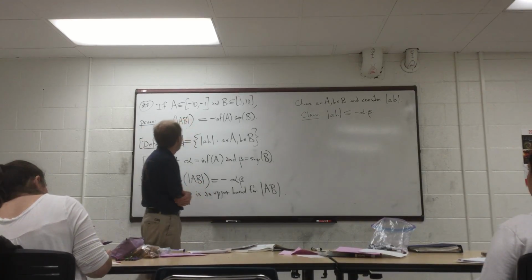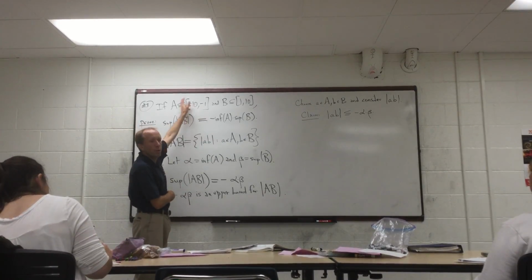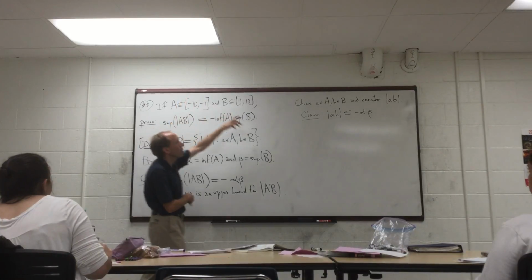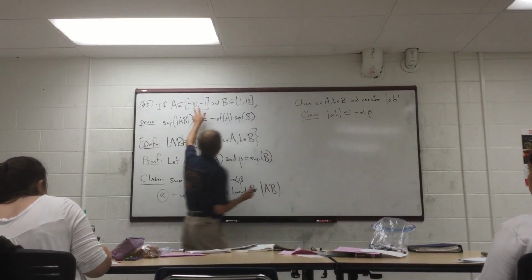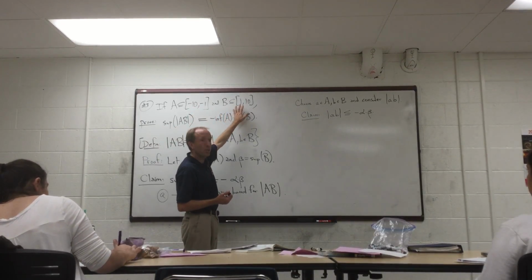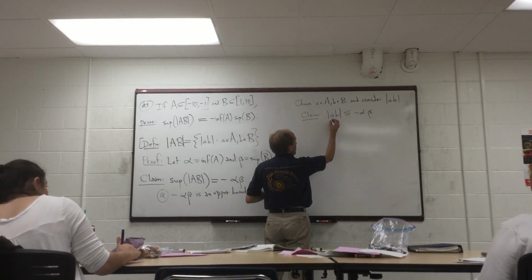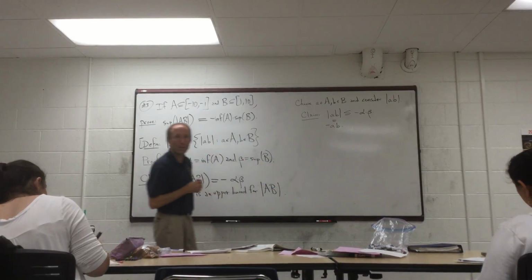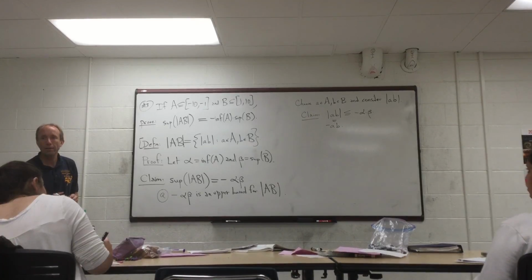Now, the thing is, if A is somewhere in this set, then the absolute value of A is actually negative A, because A is definitely a negative number. And then the absolute value of B is just B. So my point is that this is just equal to negative of AB, right?